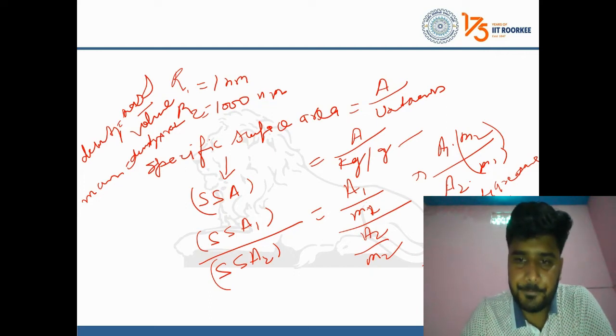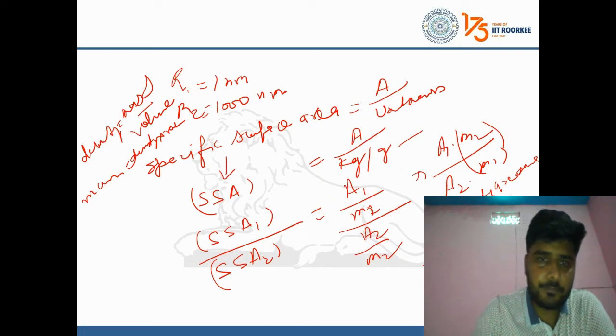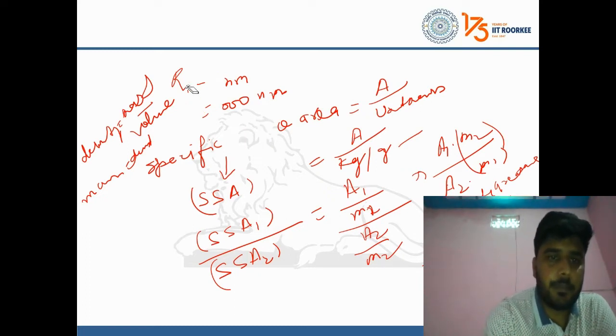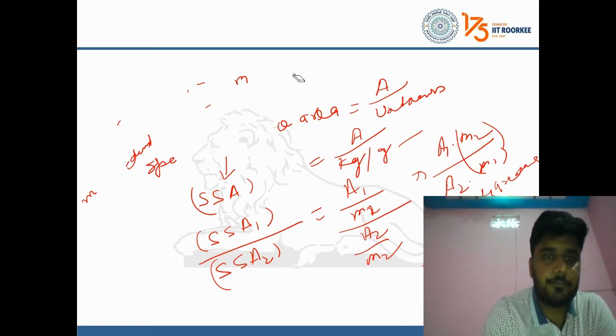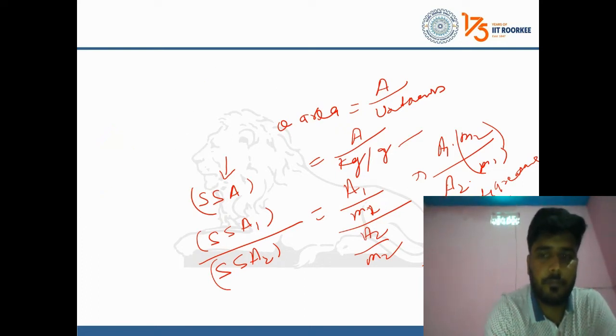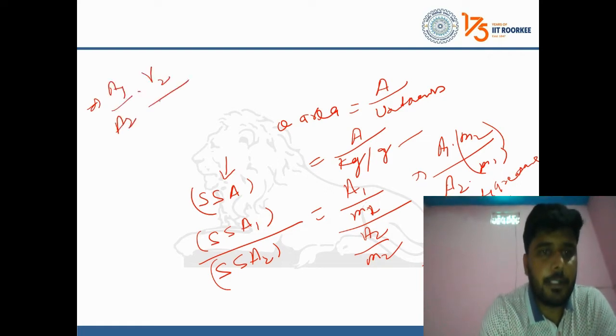Okay, so these terms will be cancelled out. I am writing again here. So A1 by A2, V2 by V1.